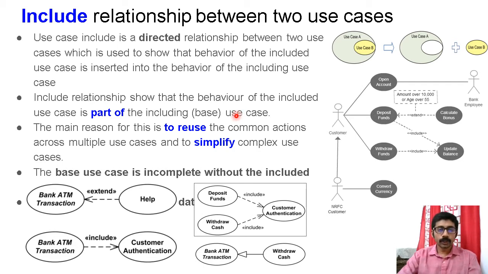That means you have to mandatorily insert the features of the included use case. The main reason for this is to reuse the common actions across multiple use cases and to simplify complex use cases. The base use case is incomplete without the included use case. Here, use case A is a base use case and it is including use case B.